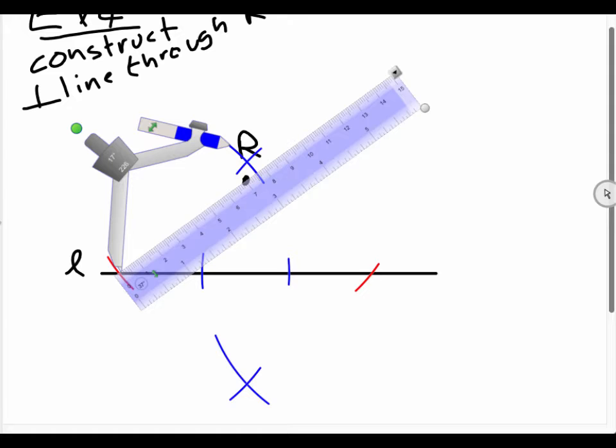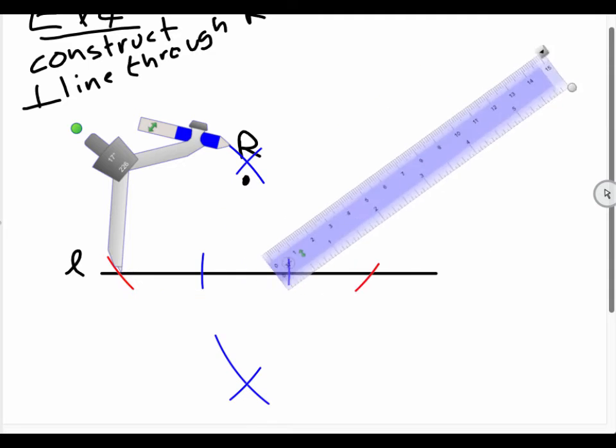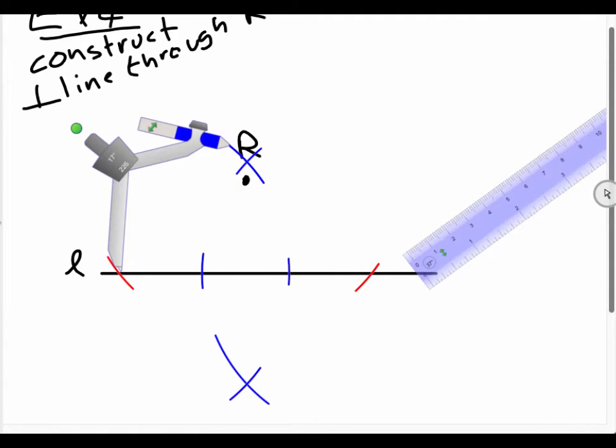Okay? Now what that does is that puts the peak of my triangle at the point R. Then what I need to do is create a perpendicular bisector that's in the center of the 2 red marks. I can't do that without the 2 red marks. I mean, I can, but I'm not guaranteed that it's a perpendicular bisector.